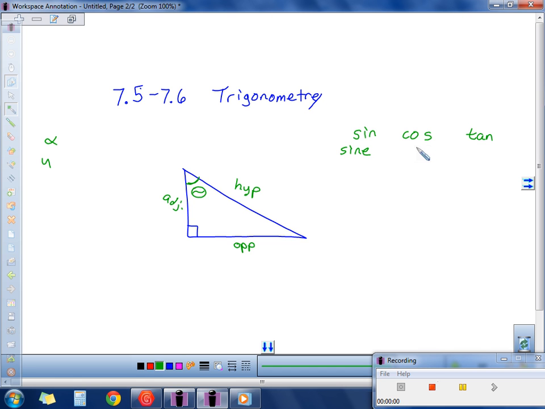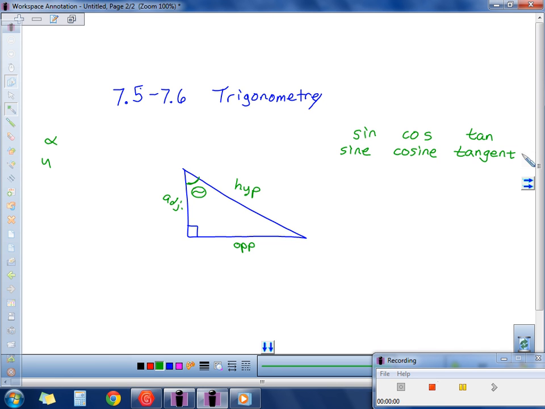Anybody know what this one is? Cosine. We do not say cos, we say cosine. And the last one? Good try, but not tan sine. Tangent. Sine, cosine, tangent. We don't say the abbreviations, we say the real words. You look silly if you say some of those abbreviations.